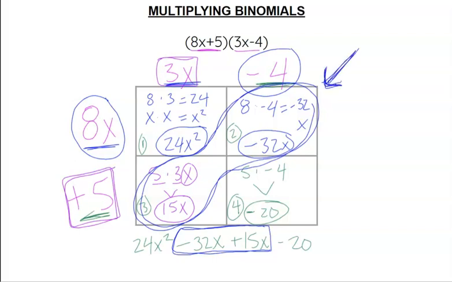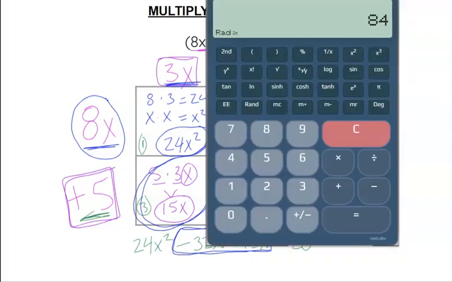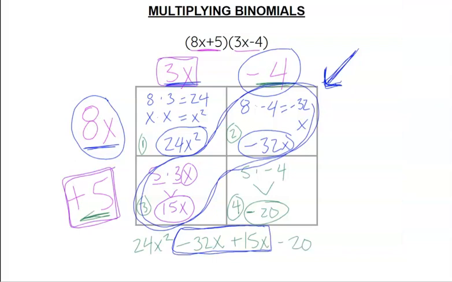So in binomials, you'll always be looking in this diagonal to find any like terms that may need to be combined to fully simplify our answer. So now we just need to do negative 32 plus 15, and we get negative 17. So once we simplify that, that gives us our final simplified polynomial.